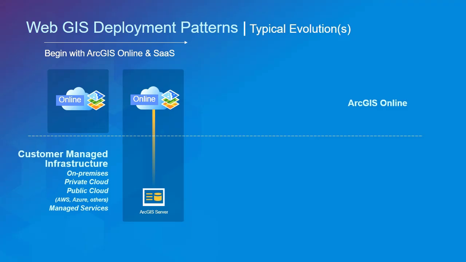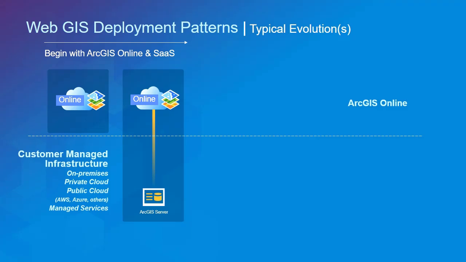It's a very fast and easy way to get started with Web GIS without having to install and maintain additional software above what you're already doing. So we saw a lot of server customers go this path, particularly a couple of years ago before Portal for ArcGIS became widely available and widely deployed. We still see many customers going this route because, like I said, it's really fast and easy to get started with.